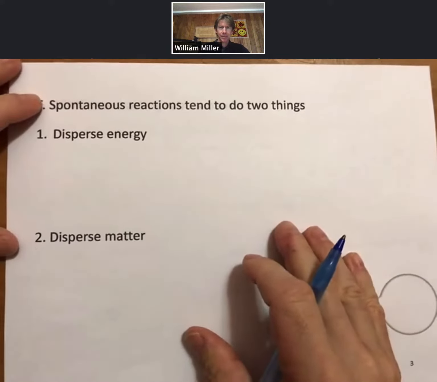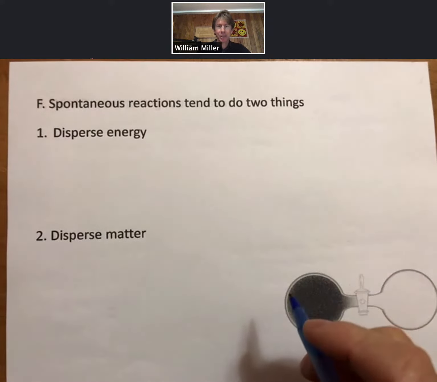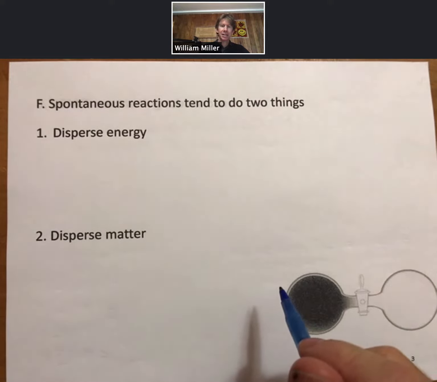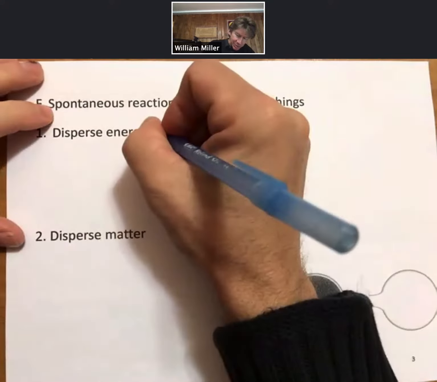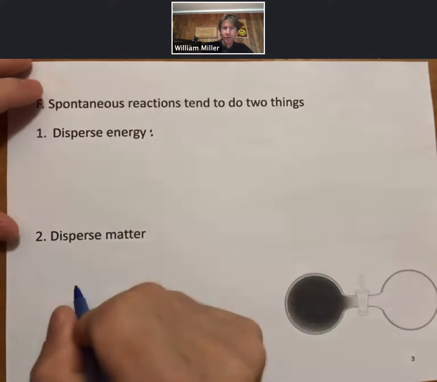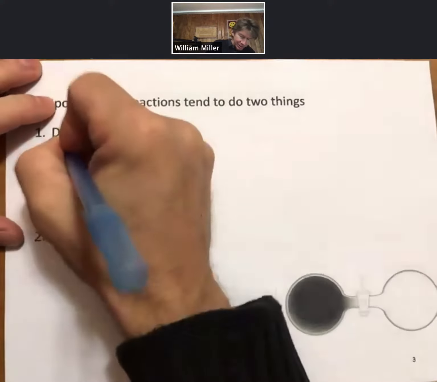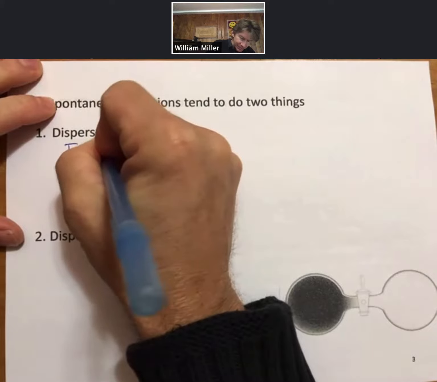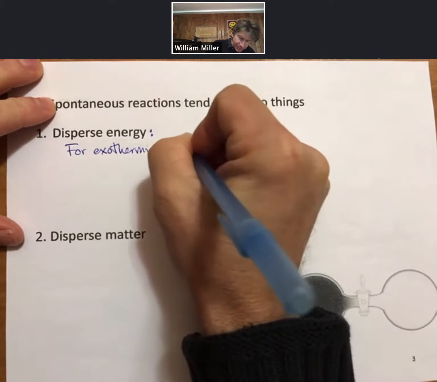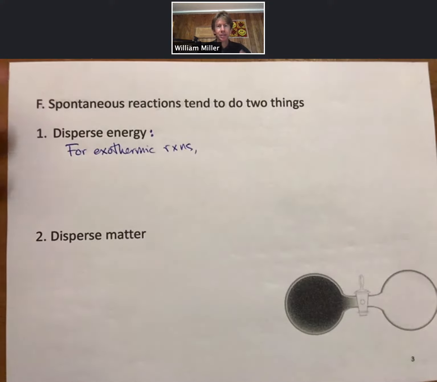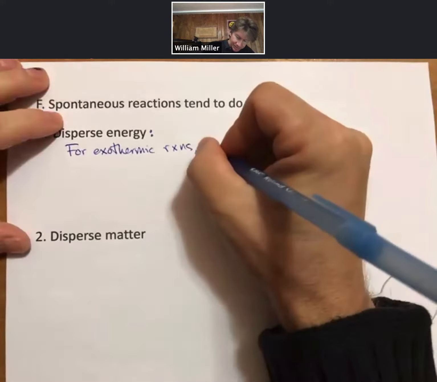Now, on our way to determining what this thing called free energy is, spontaneous reactions tend to do two things. First, they disperse energy. For exothermic reactions, energy is dispersed from the system to the surroundings.